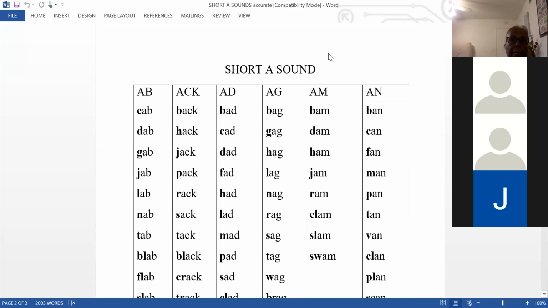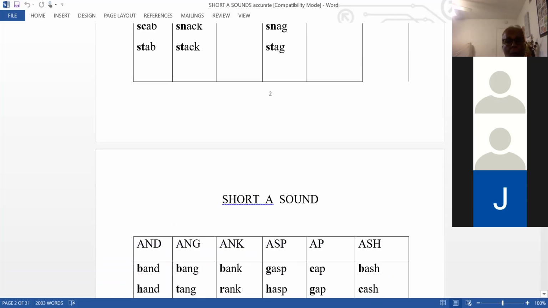And similar to the reading books, we start with ab and ad, ag, am, an, and so on. So you get ban, can, fan, and they learn here. So while you are reading book 1 with your children, you go to this and do some extra work with them. You all have this in your email.